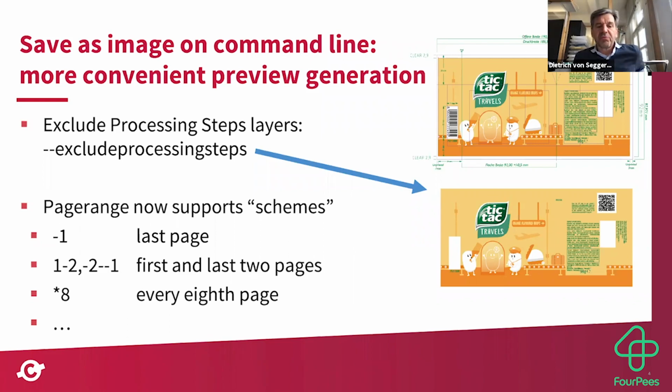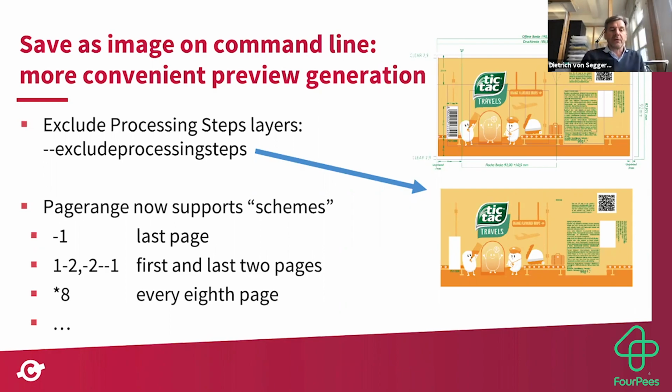And the other improvement also in the release tomorrow is if you have not a label, but rather a PDF file with various pages, you have more versatile ways now to determine which pages you want to get previews from. Up until 12.2, you could only say start page and last page.